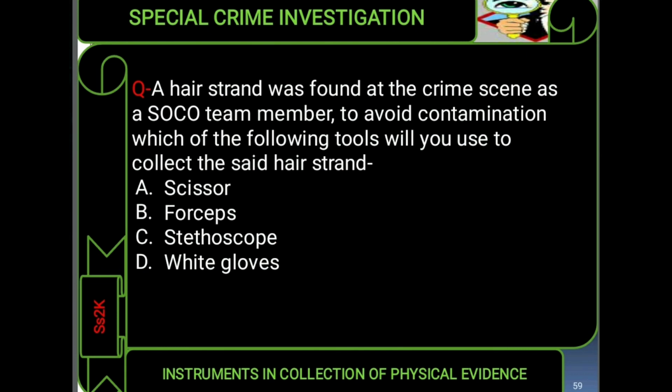Like latent prints, di ba? You apply fingerprint powder, and what you collect there is the fingerprint powder so you can get the fingerprint patterns, di ba? So, what do you use to lift it? That is tape lifting, no?